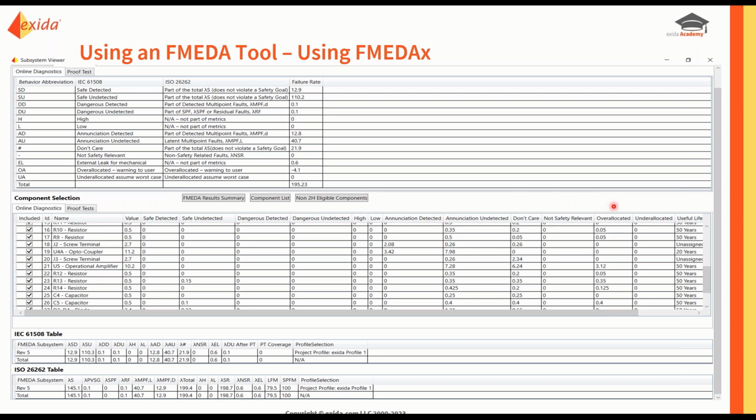And then over here, you can see over allocated and under allocated. Here you can see with the U5 operational amplifier, we've over allocated. So this allows you to dive back into your component FMEDA and see why there's an over allocation there. So it's a quick little check to allow you to keep an eye on things.